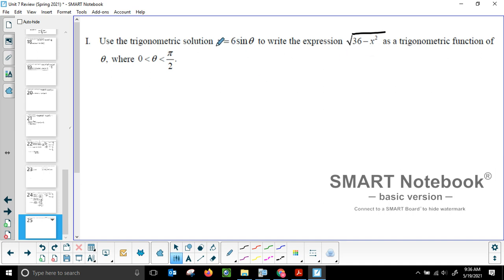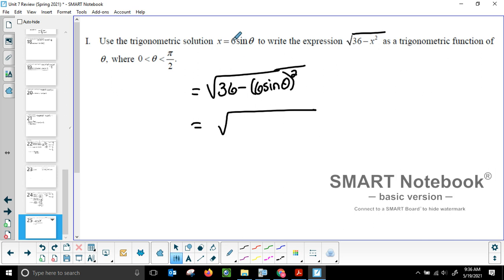All right, well, of course, whenever two things are equal, they are interchangeable. So I'm going to rewrite 36 minus x squared, but instead of x, I'm going to write 6 sine theta. And that whole thing is squared. Because it told me to replace x with 6 sine theta, right?